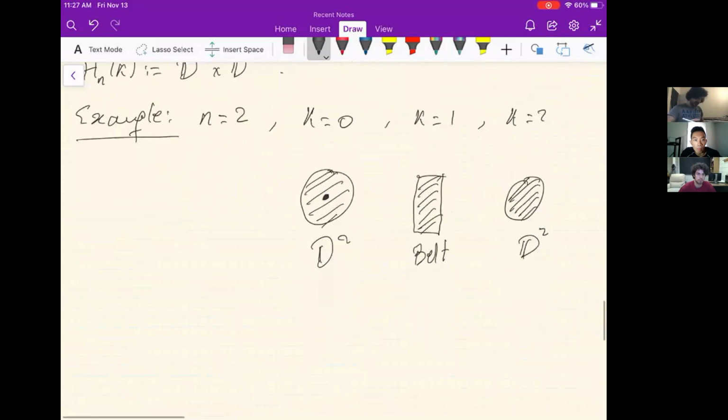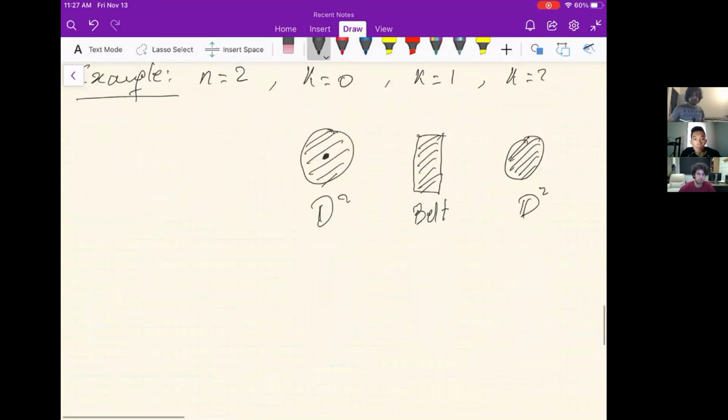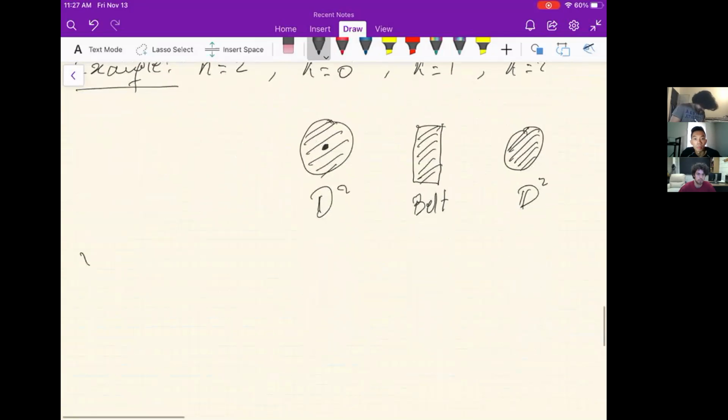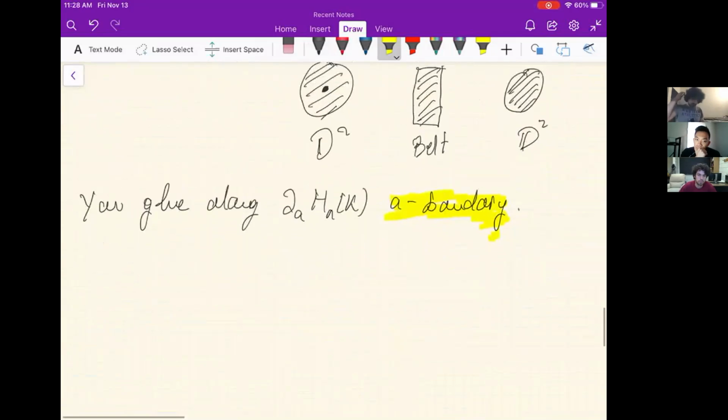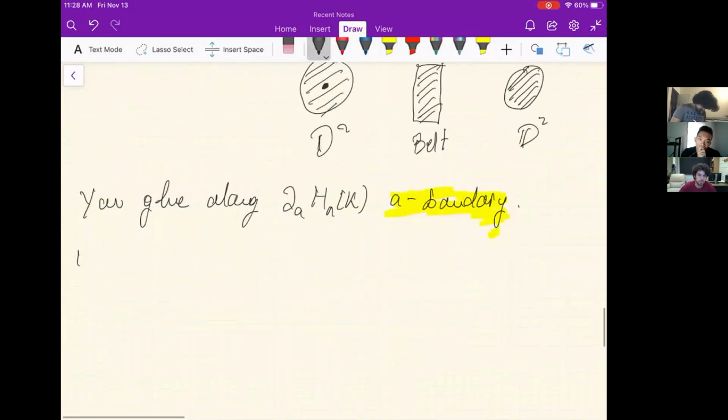Okay, so how do you glue these handles? Basically, you glue along the boundary, and that's a particular boundary of my handle. So let me define what I mean by that.